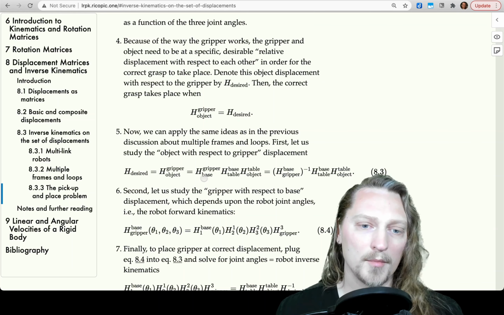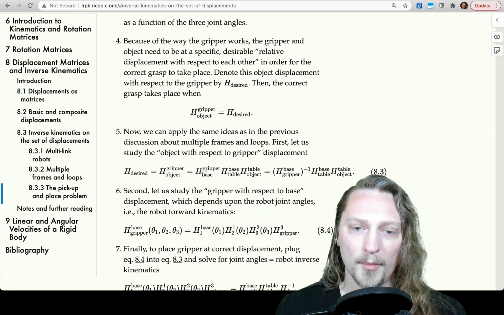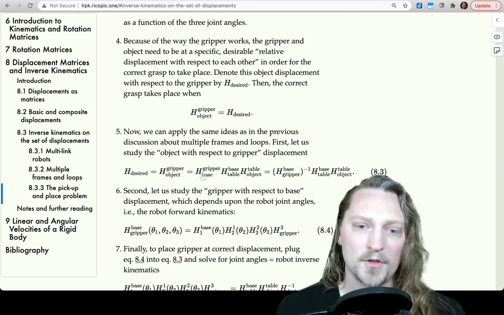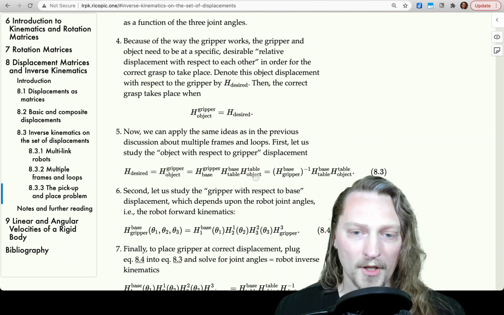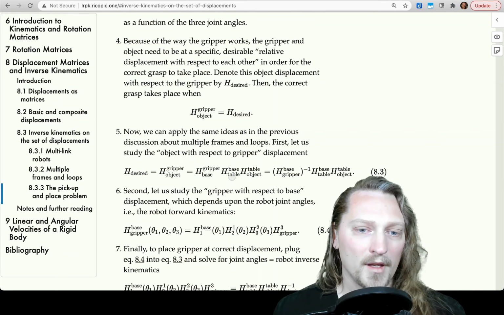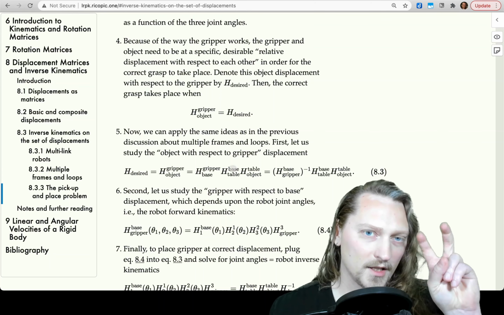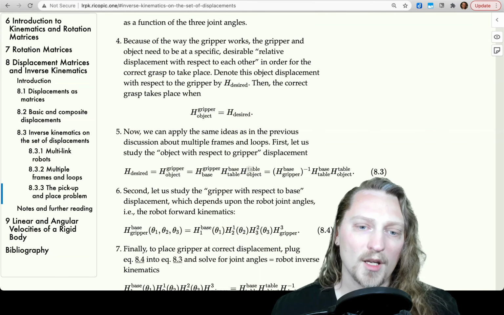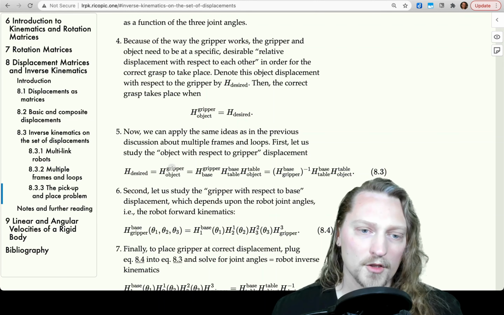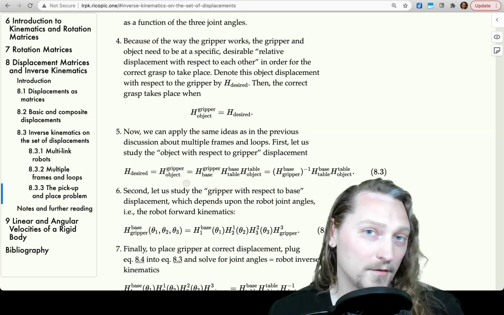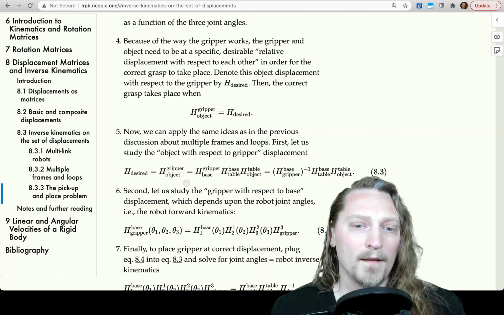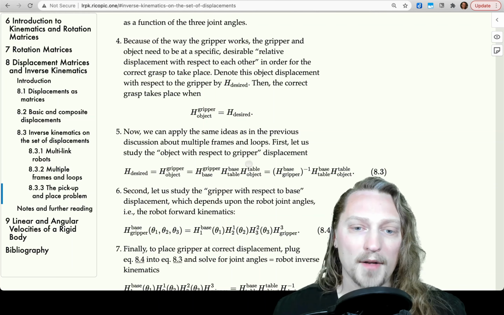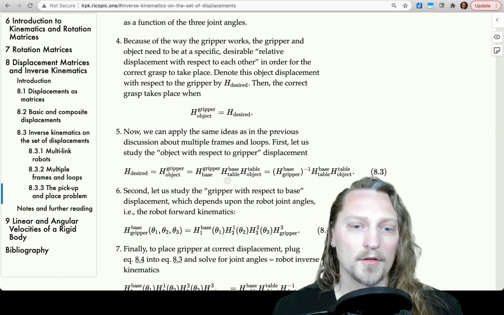We want to go from the gripper base relationship to the gripper object relationship, right? That's what we've done. The base and base effectively cancel here, and the table and table effectively cancel here, and we get the gripper object relationship, which is what was on the left-hand side of the equality. So we've now written it in terms of gripper and object.